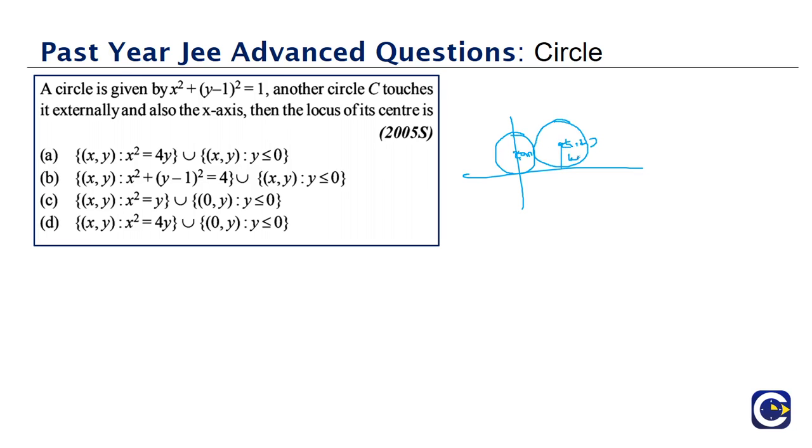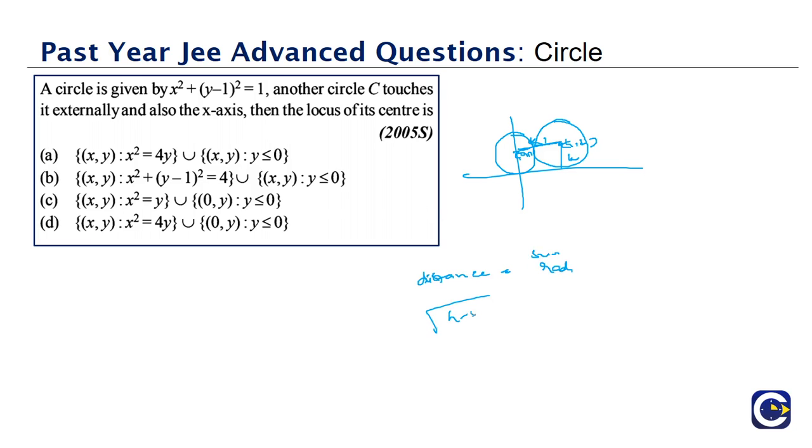So this will be k. If you consider this distance, it is nothing but mod k, because this part is the radius. They gave that it also touches the circle x square plus y minus 1 whole square with center 0 comma 1 externally. Therefore the distance between those centers is the sum of the radii.